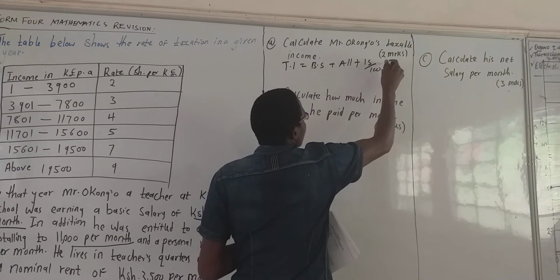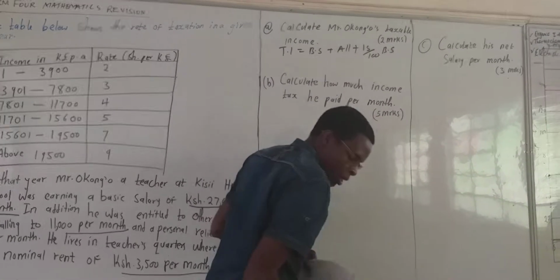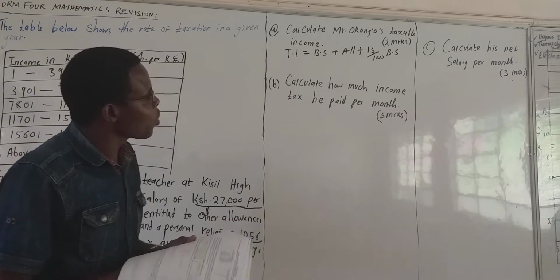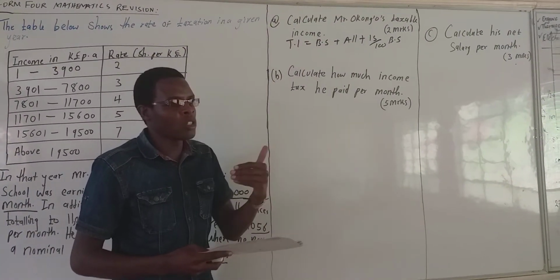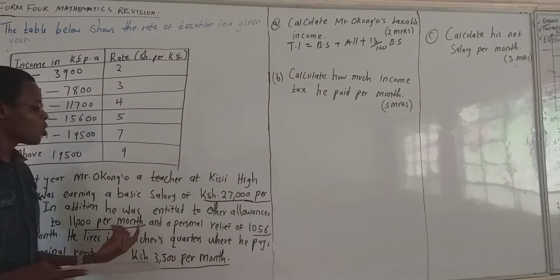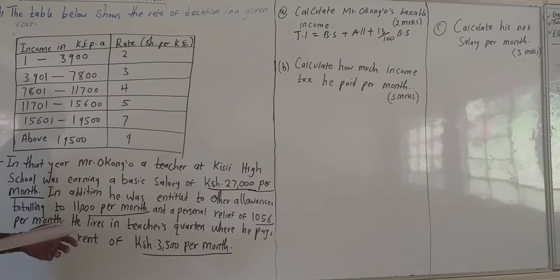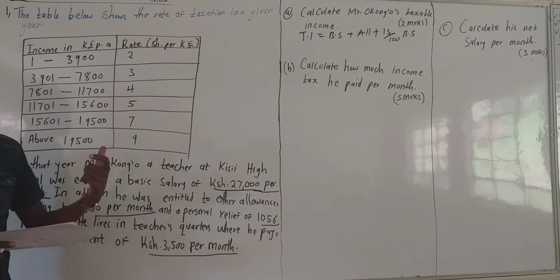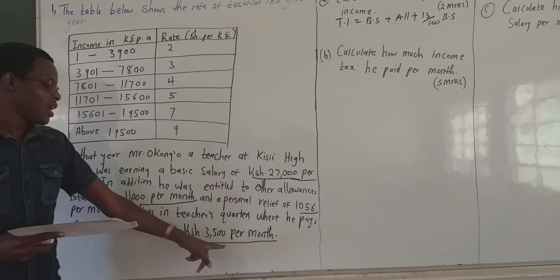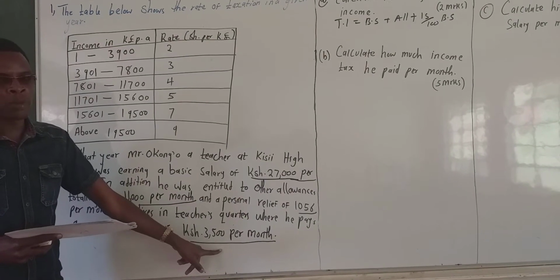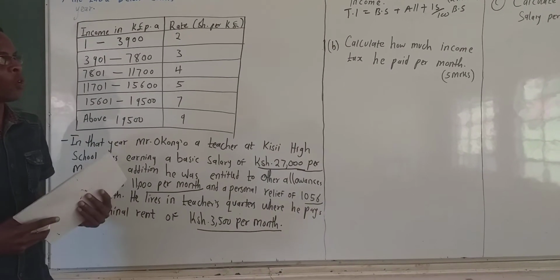As long as somebody is being housed by the employer, we add 15% of his basic salary, less the nominal rent, because he has to pay the nominal rent.